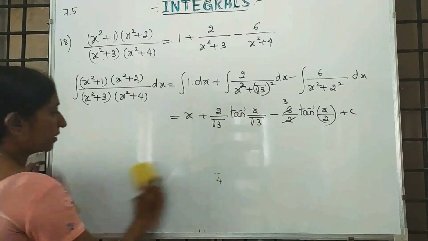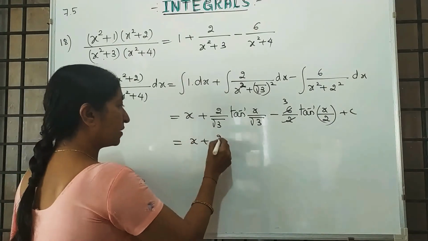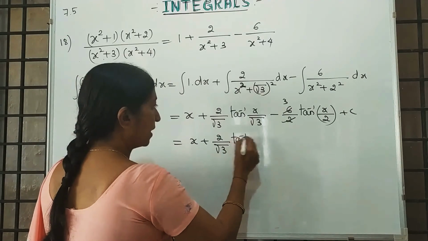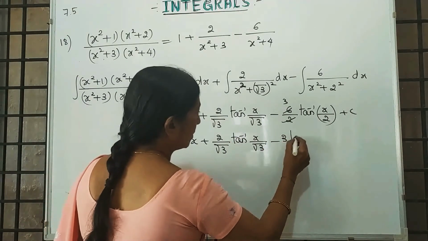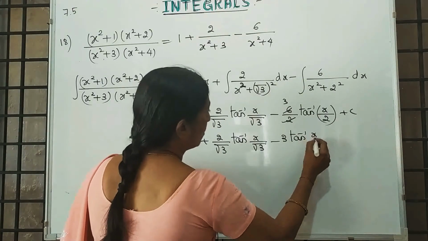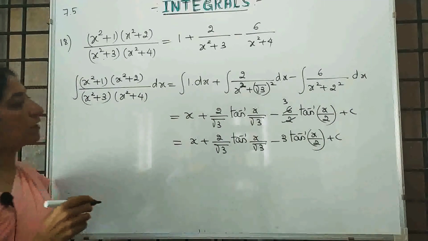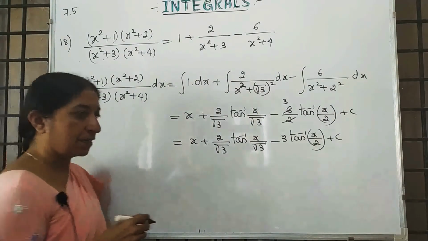So write down the simplified form: x + (2/√3) tan⁻¹(x/√3) − 3 tan⁻¹(x/2) + c. So this is a very simple sum. Now moving to the next question, that is question number 19.